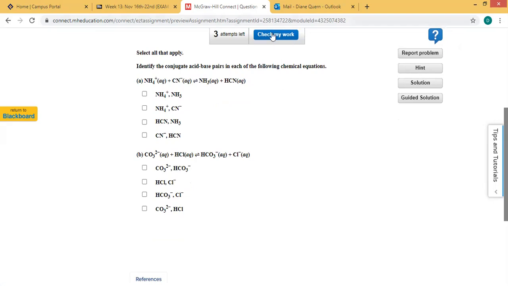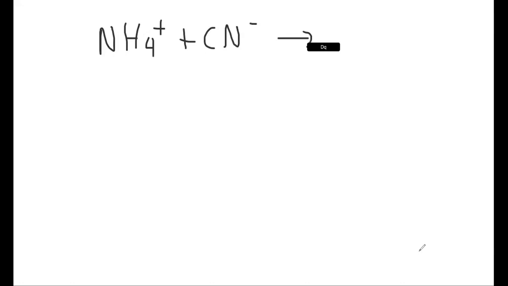Okay, so I'm going to go back to the whiteboard so we can label these. So the equation was NH4 plus and CN minus going to HCN plus NH3.